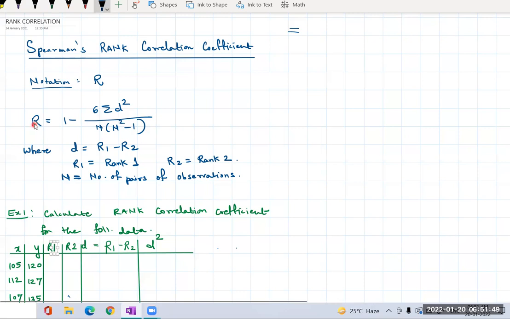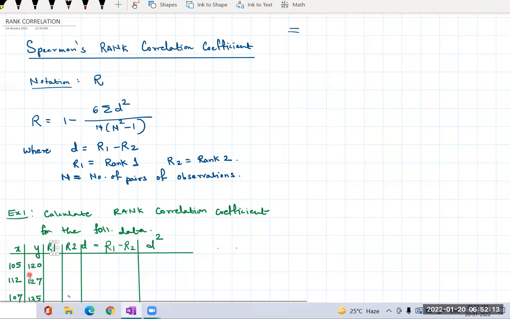Now, we have seen Pearson's coefficient of correlation, that was small r, and this is capital R. The formula and the technique are altogether different, though the data may look similar. In the problem of Pearson's coefficient of correlation also, the data was X and Y pairs given to you.